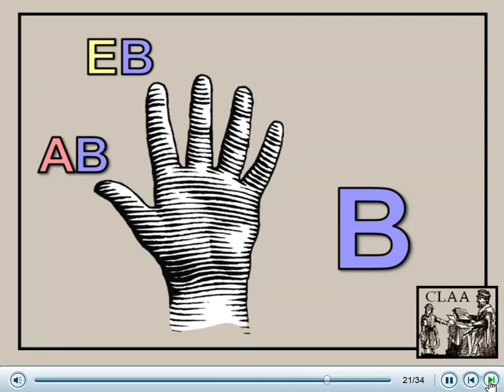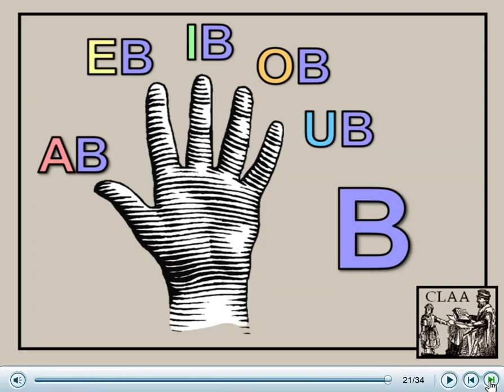For your middle finger, let's say ebe. For your ring finger, we'll say ob. And for your pinky, we'll say oob.